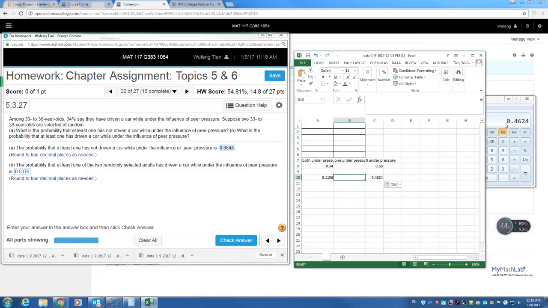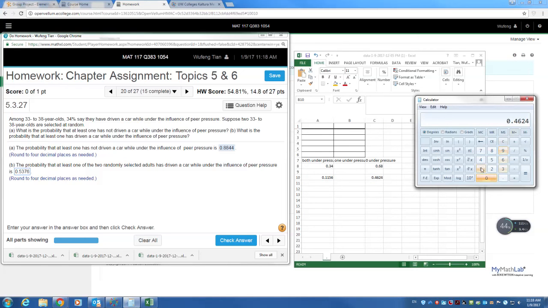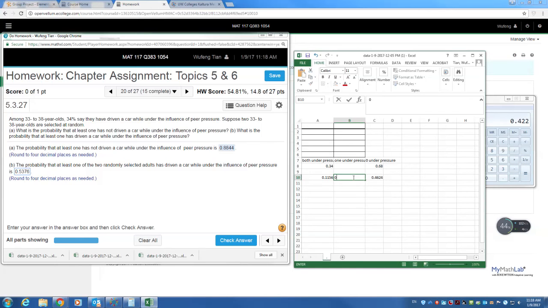And at least one under pressure is 1 minus 0.4624 minus 0.1156, 0.422. This is 1 under pressure, this is 0 under pressure, and this is both under pressure. The probability of at least one is this one plus this one.